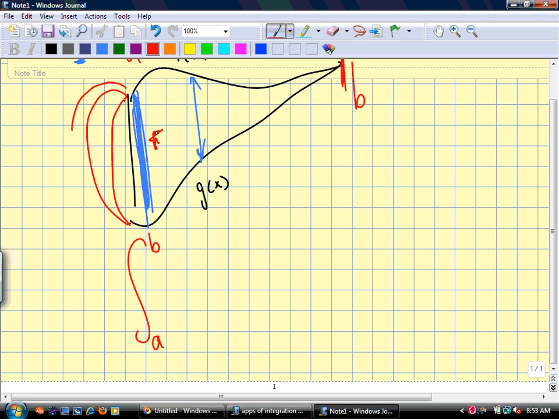Call that distance D, right? Because it's the diameter. So it's going to be f of x minus g of x, that's the diameter, over 2, so that's r, pi r squared.